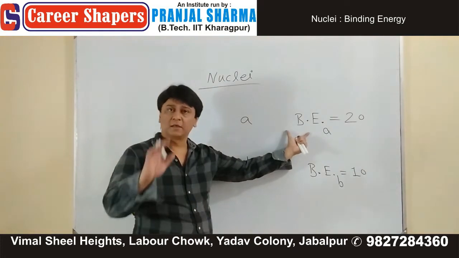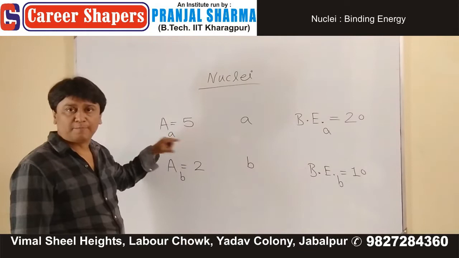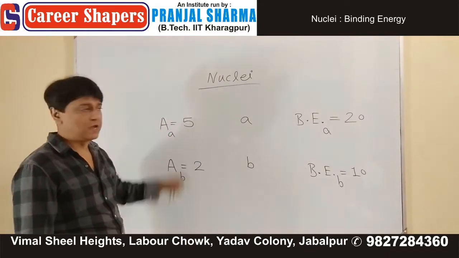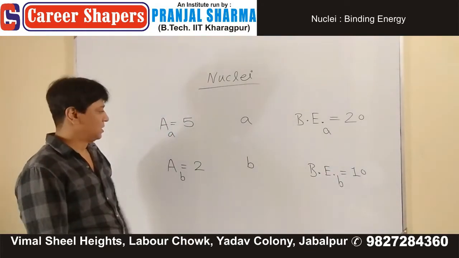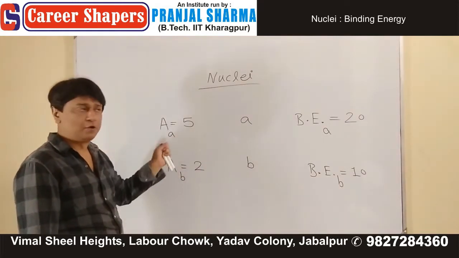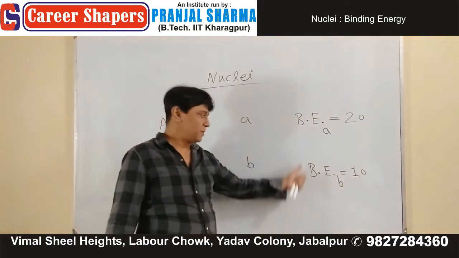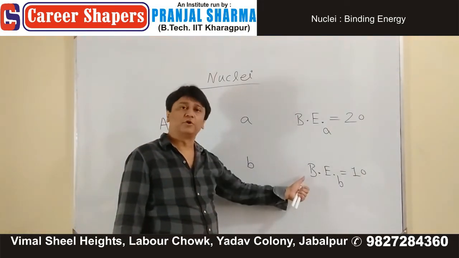Element A has 5 nucleons, protons and neutrons all together inside the nucleus. B has 2 nucleons, proton and neutron inside the nucleus.